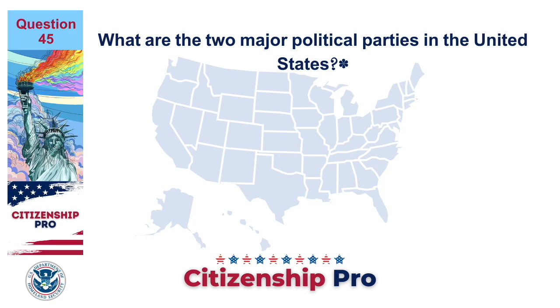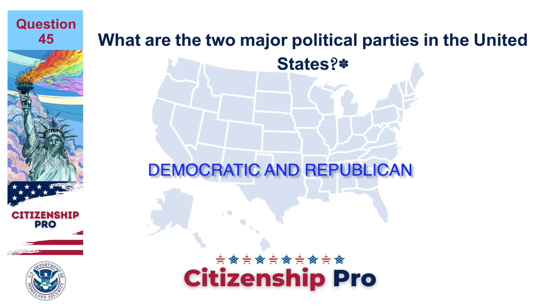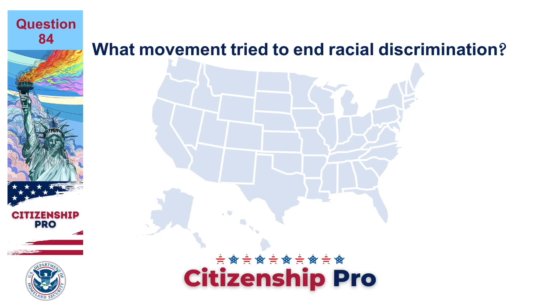What are the two major political parties in the United States? Democratic and Republican. What movement tried to end racial discrimination?